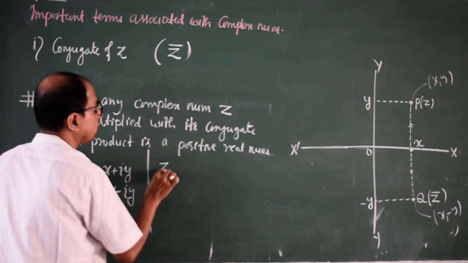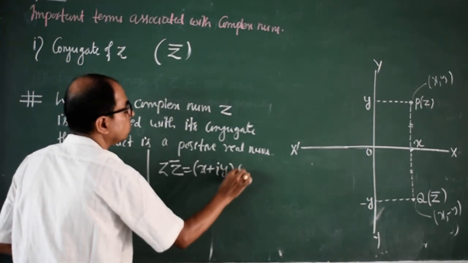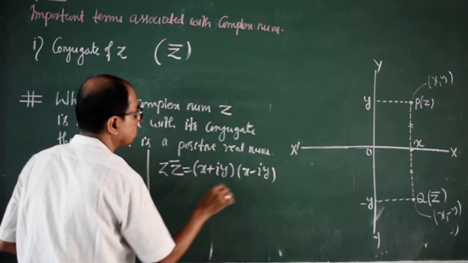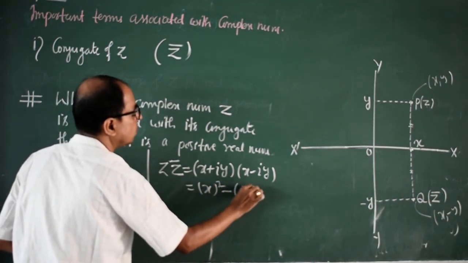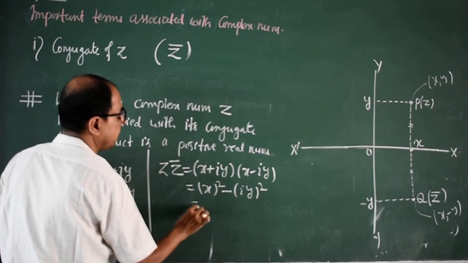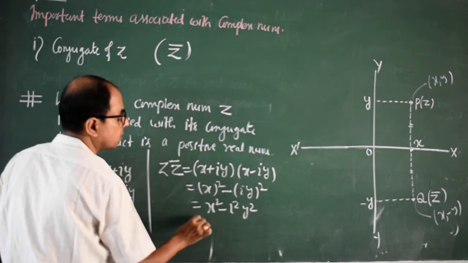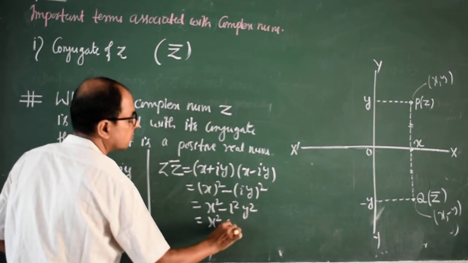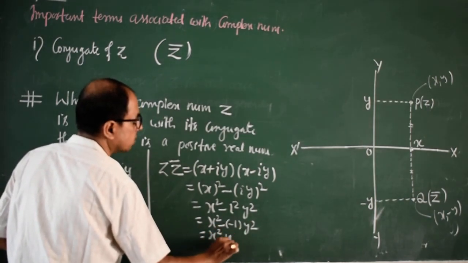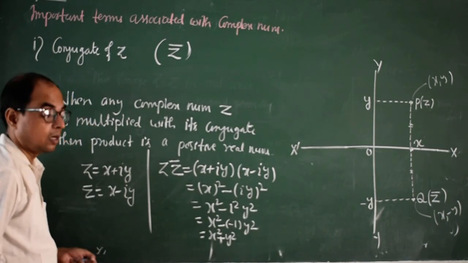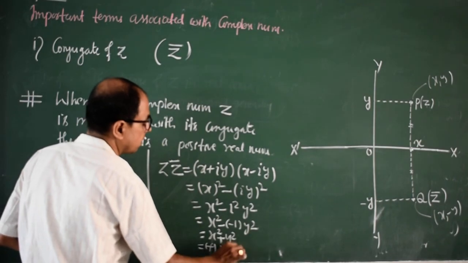When these two are multiplied, it will be x square minus iota square y square, and we know that iota square is minus 1, so it will be x square plus y square. Since x square and y square are positive real numbers, it will be a positive real number.